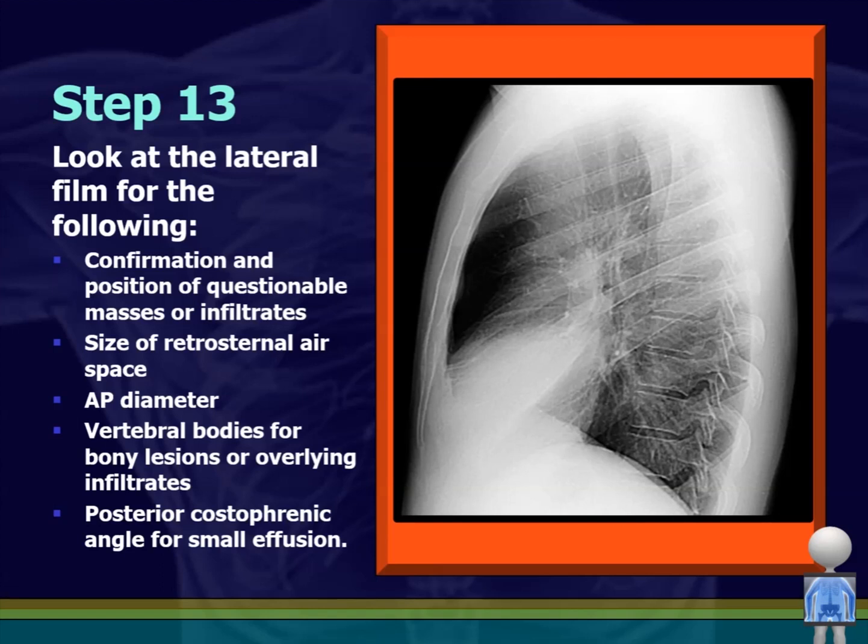And then the last but not least is the posterior costophrenic angle. If you look here, and unfortunately it's a little cut off, here is your diaphragm again. So there's another costophrenic angle right here, and it should be, again, really sharp. If this is blunted or there's a little bit of fluid in there, this might represent a very small posterior lower lobe infiltrate or pneumonia that you may not be able to see in the PA or AP view.